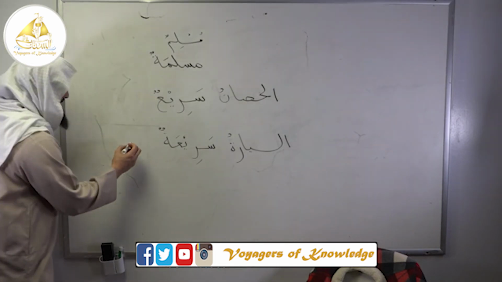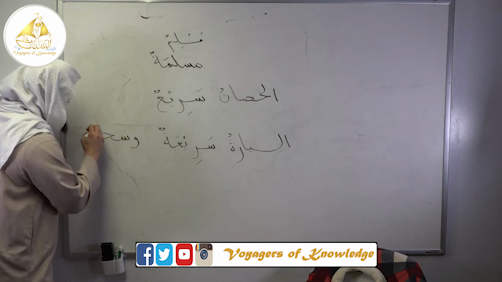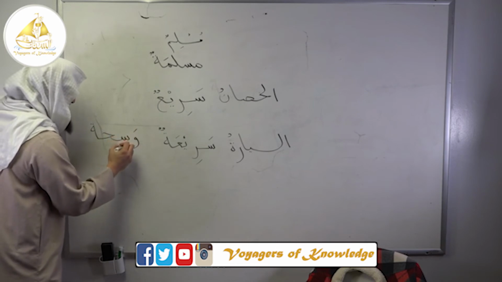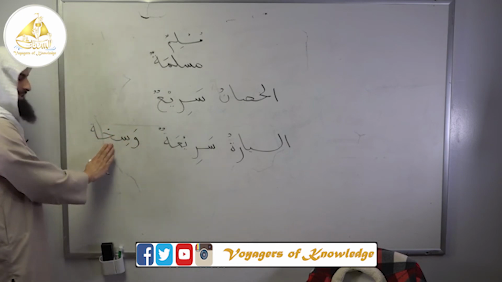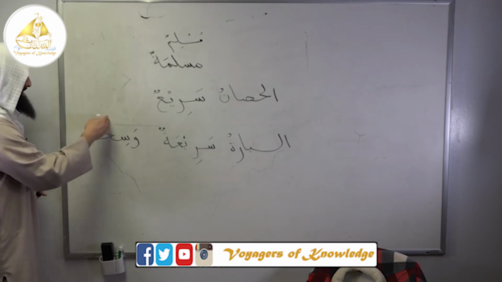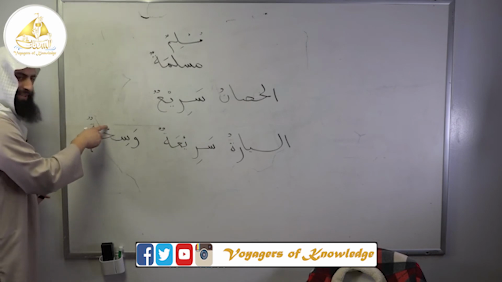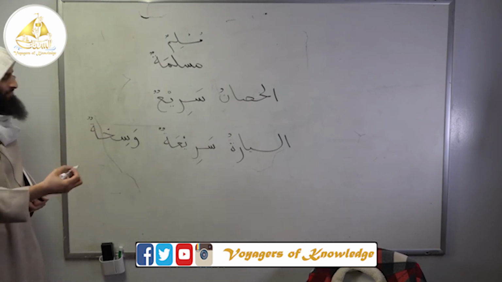Let's take wasikhun. I'm going to write this down. Wasi. Okay. So technically, I should end this with a dhammatain. But because it's feminine, I'm going to put the dhammatain here. And let's try to change this from a fatha to a dhamma.